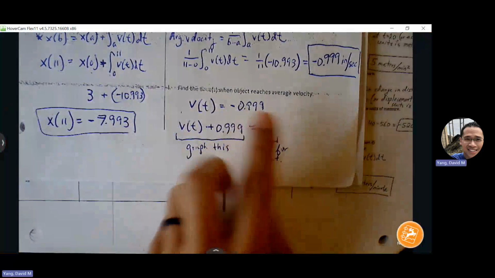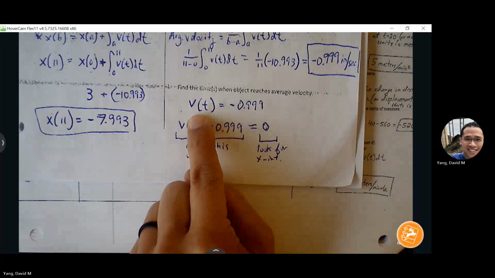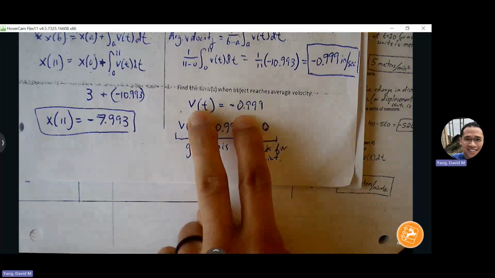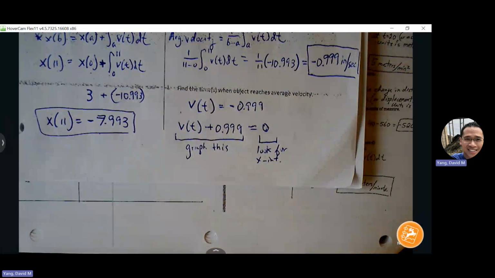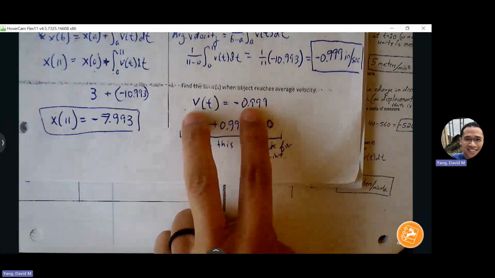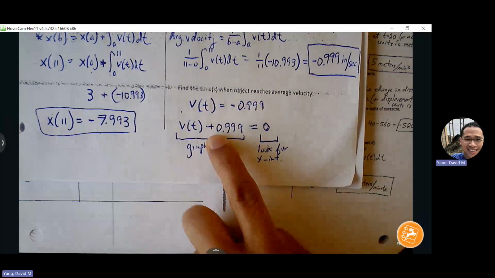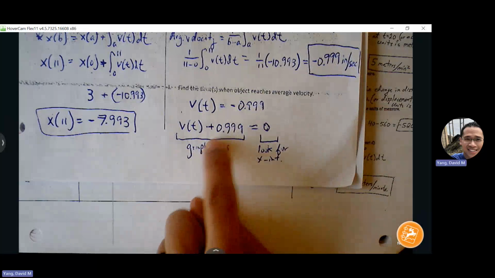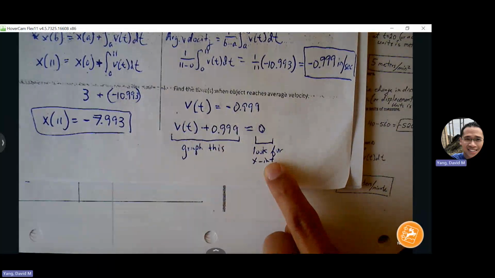We know that if our average velocity is negative 0.99, we're basically asking when is the velocity going to reach this negative 0.99? We could graph both these functions and look for the intersections, but what if we rearrange this equation and make it v of t plus 0.999 equal to 0? And what if I graph this equation instead and look for the x-intercept? Because that's the same thing.